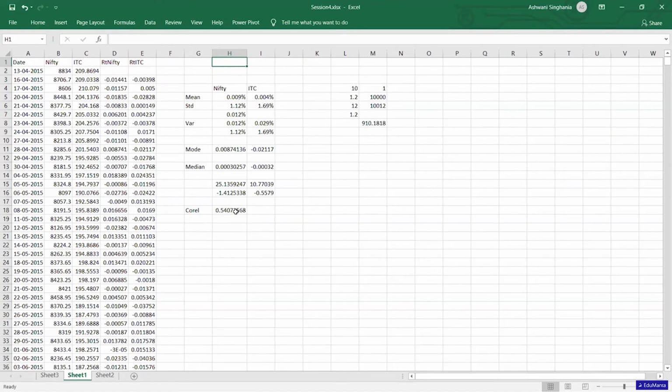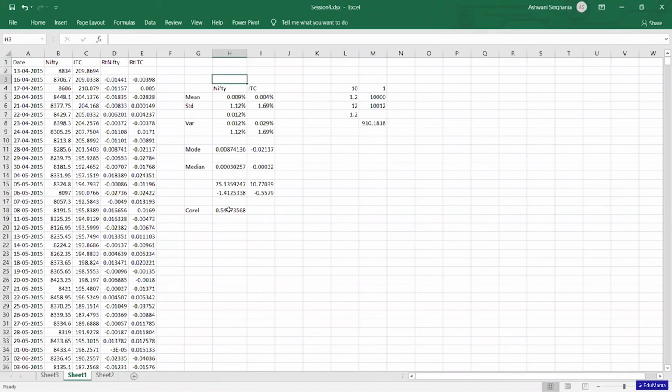But this is not 1, it is somewhere around 0.5. So if Nifty returns 10%, maybe ITC will return 5%. So there is positive correlation. Both move in the same direction, but not necessarily with the same magnitude.